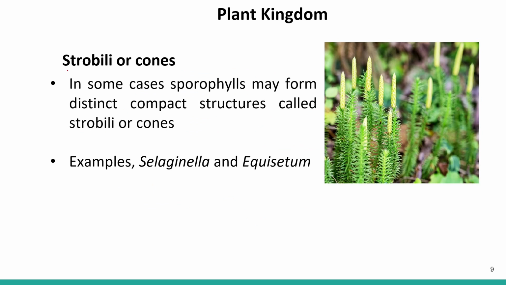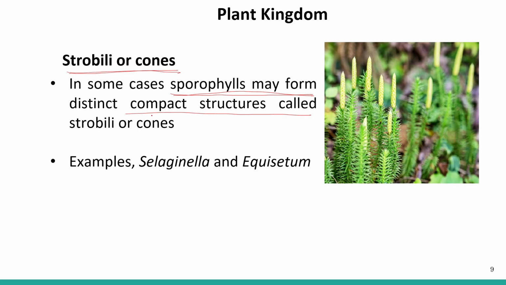Now this is also one of the very important characteristics: strobili or cones. In the case of fern, the leaf bears sporangia, and inside the sporangia spores are present. So a leaf-like structure having sporangia is called a sporophyll. In some plants, sporophylls may form distinct compact structures.